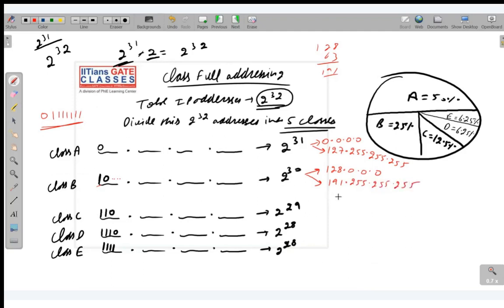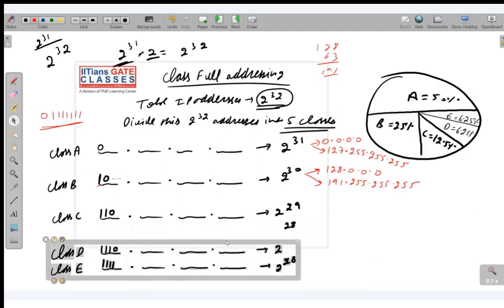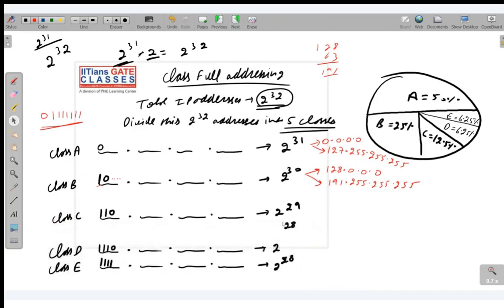Okay, so next is class C. Tell me what will be the first address. 110 and all zeros will be there. I have told you a special number: 11 followed by 6 zeros is 192. So 192.0.0.0. Till what point will we go? 110, and then we have 5 ones. 5 ones is 31.